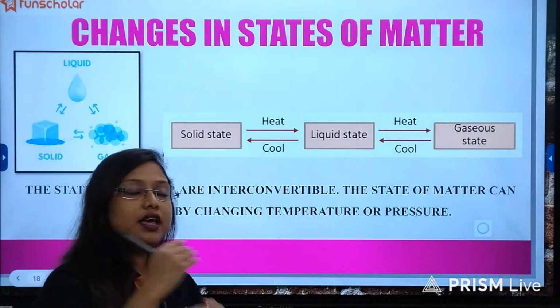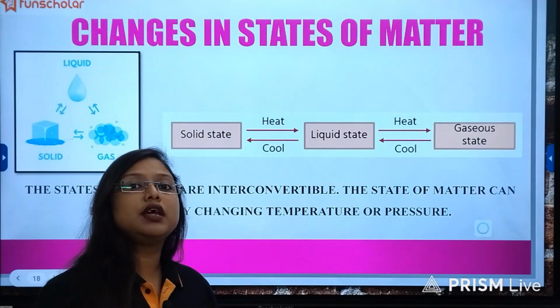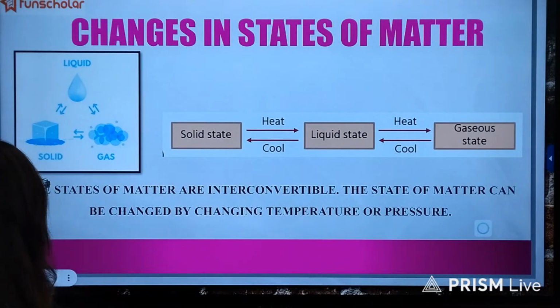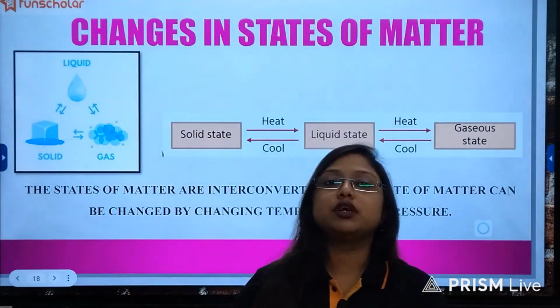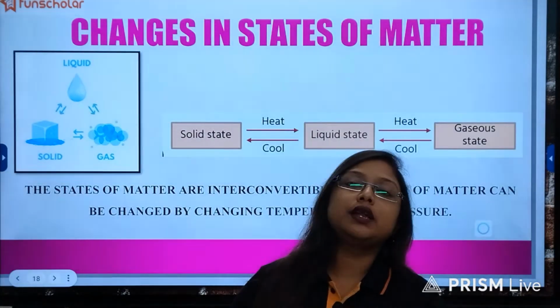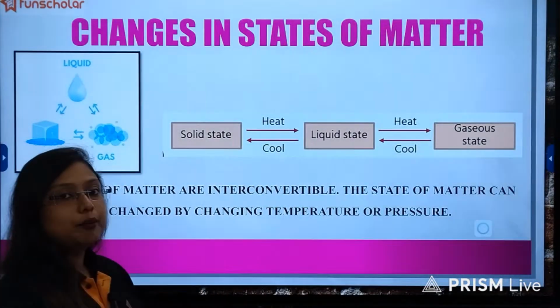It can be converted from one particular state to another particular state. The state of matter can be changed by changing temperature or pressure. We have already seen in our video how compression, pressure and temperature actually work on the states of matter.